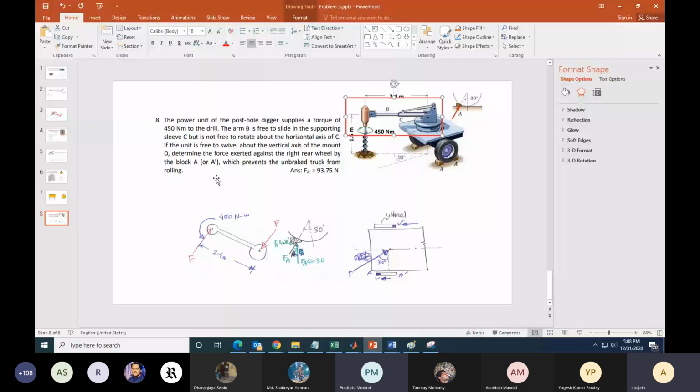How did you decide A? Based on this rotation. It doesn't matter actually. The choice of A or A prime will not matter. The equations of equilibrium will still be the same, because if it is A prime, then it is going to be B. So shouldn't the reaction at A be in the opposite direction?